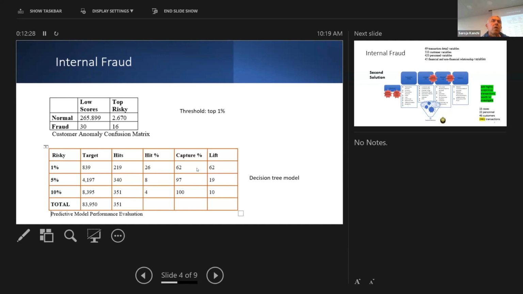When we go down to top risky 5%, top risky 10% transactions, we saw that in top 5%, we were able to capture 97% of the transactions. And in top 10%, we captured all transactions.